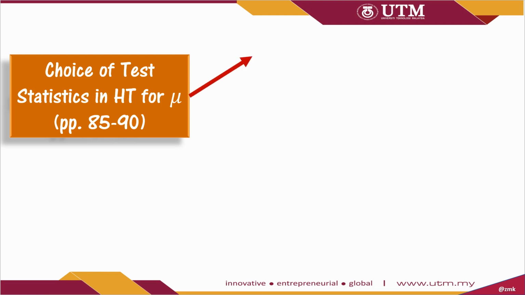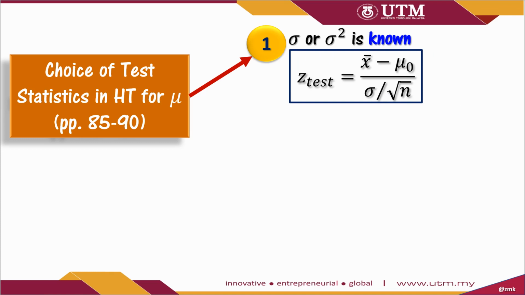So the first case is when the population standard deviation sigma or the population variance sigma squared is known. In this case, regardless of what the sample size n is, either small or large, the test statistic is a z-test statistic, or simply a z-test, defined as x bar minus mu naught, that is the value of the population mean mu under H naught, all divided by the standard error of the sampling distribution for the mean, which is sigma over square root of the sample size n.